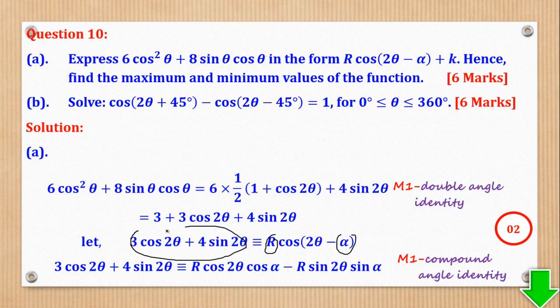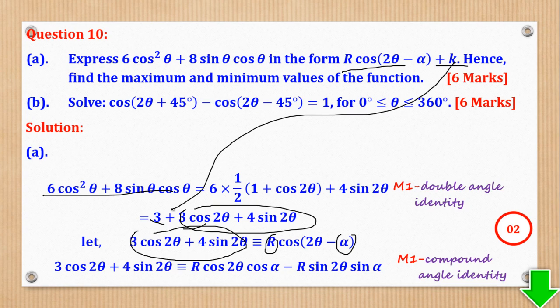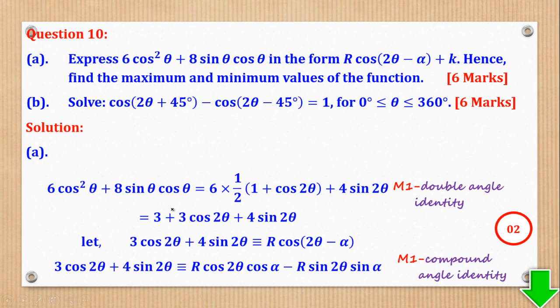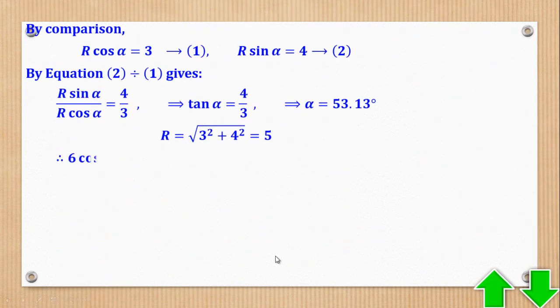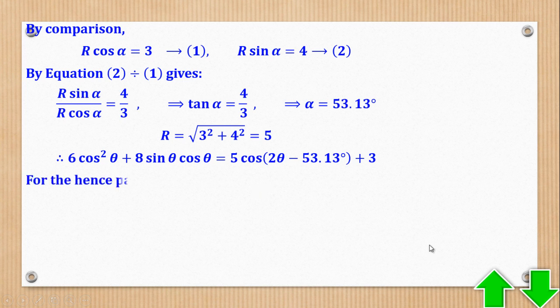But the whole of this was here, meaning that what they want, there is also a plus 3. That's why they gave you this plus k. So in this case, our k is 3. So I'll come and say that this will be equal to that. And that's what they wanted.